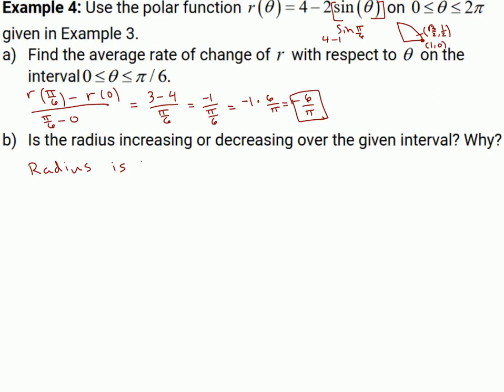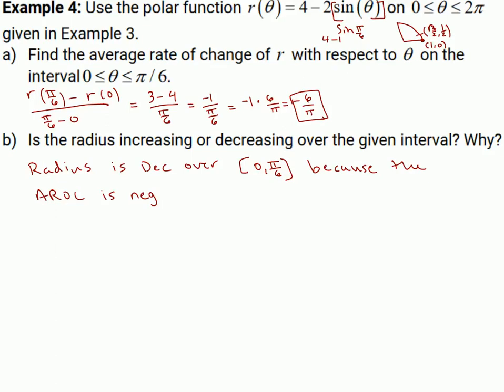The radius is decreasing over the interval, let's use interval notation this time just to have some fun with it, from 0 to pi over 6, because the average rate of change, let's abbreviate AROC, is negative. Okay, so that's all we have to do here.